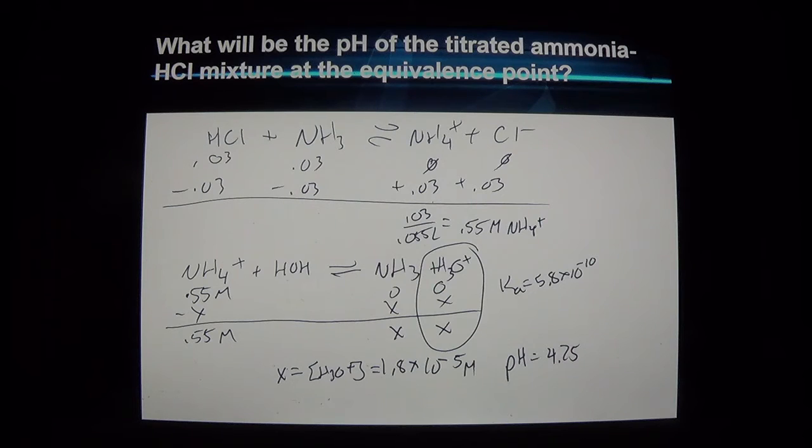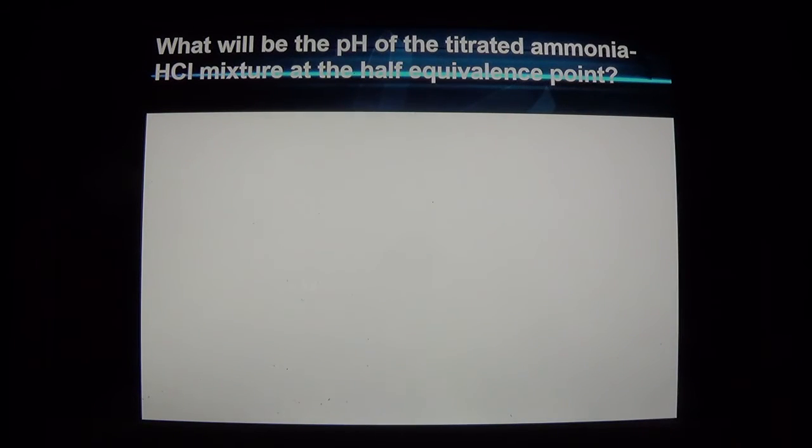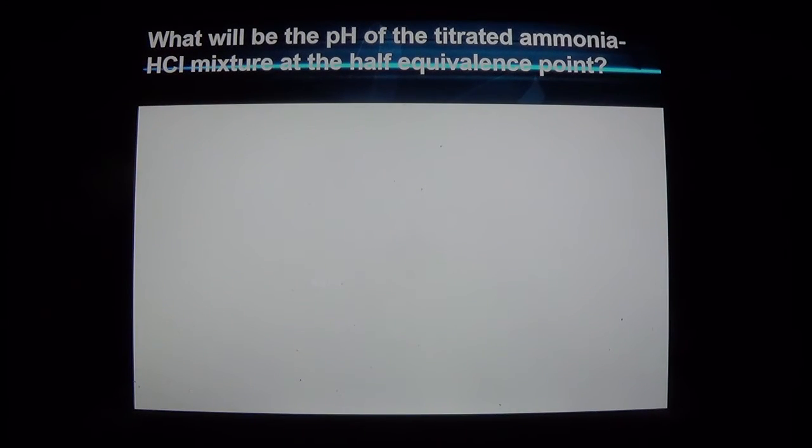Okay, so now that we know what it is at the equivalence point, I have a couple more questions for you. On the next slide, we're going to look at the half equivalence point. And I'm hoping already in your mind you're saying, hey, what in the world is a half equivalence point? Please listen very carefully.